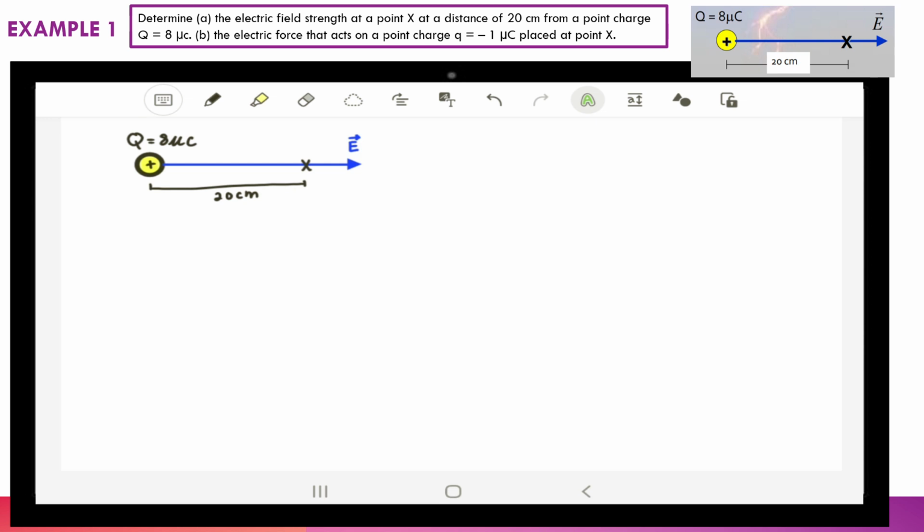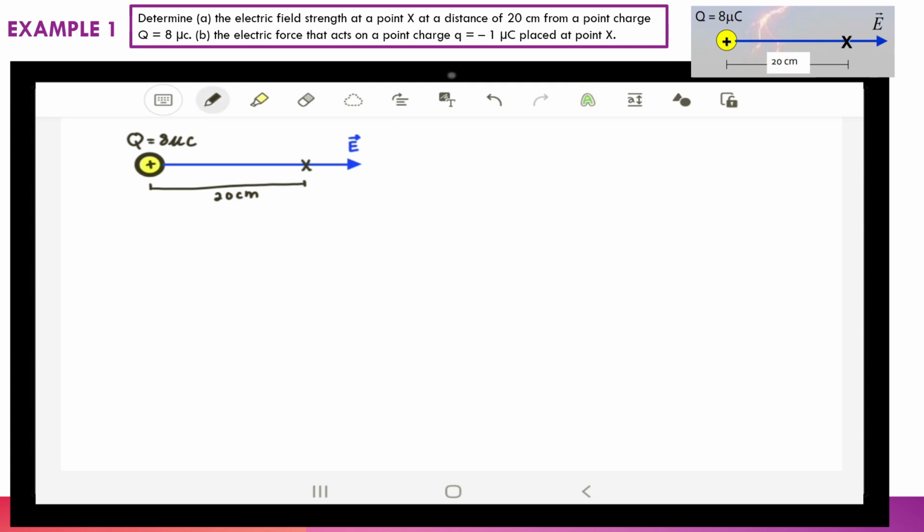B, find the electric force that acts on a point charge q equal to negative 1 microcoulomb when the point charge q is placed at point X. So we have another charge and we put it at point X. We want to find the electric force that acts on that charge.